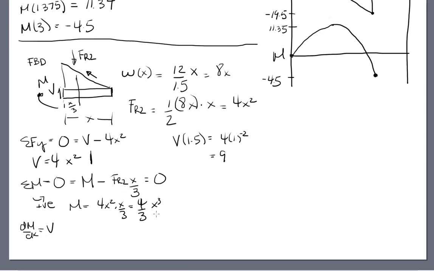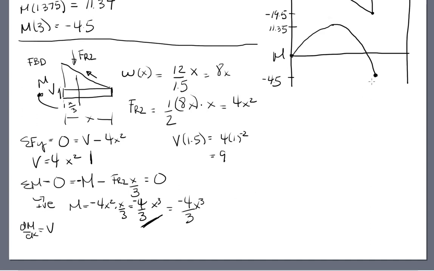Sorry, I've done something wrong. I think this should be negative. Give me one second to see what I've done wrong. So this M here is positive on the shear and bending moment diagram, but it's negative here. So that means M is equal to negative 4x squared times x over 3, which is negative 4 over 3 x cubed. Let me just write this a little neater here.